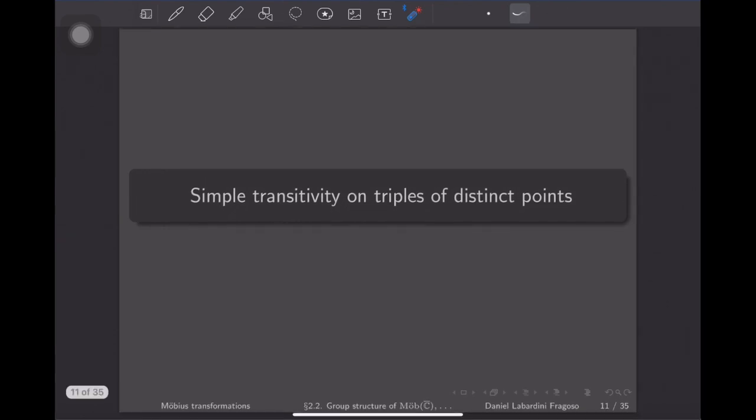So let's move on to this simple transitivity on triples of distinct points.